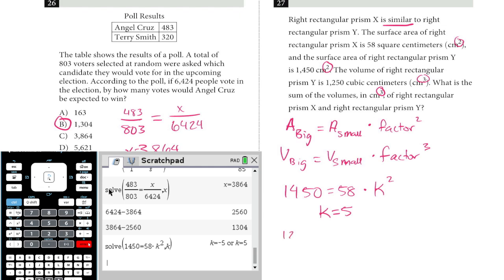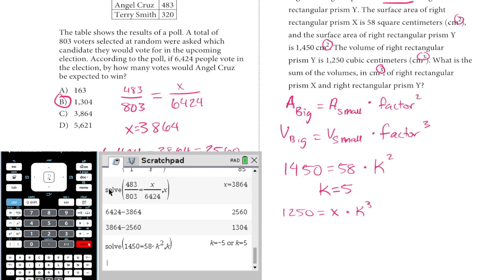So we're going to say 1250 equals the volume of prism X, which I'm just going to call X, times the factor cubed, so I'll put k cubed so that we can see it. But what is k? k is 5. So I can actually think of this equation as 1250 equals X times 5 cubed.